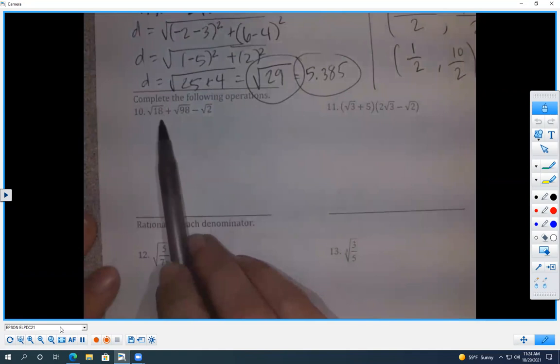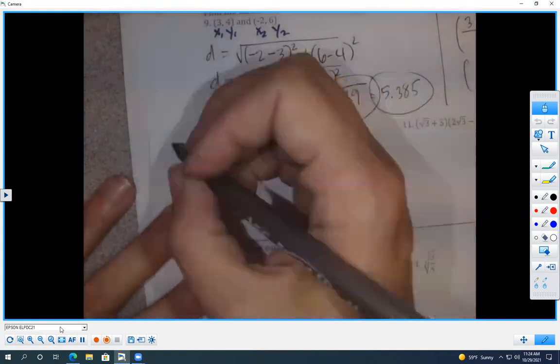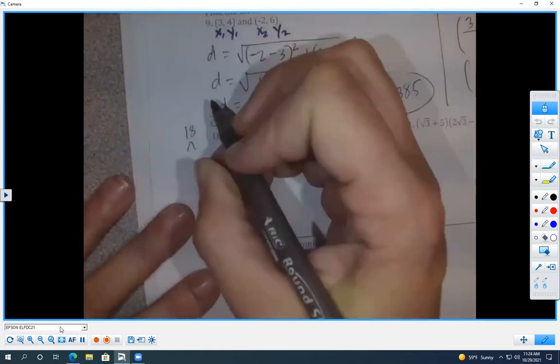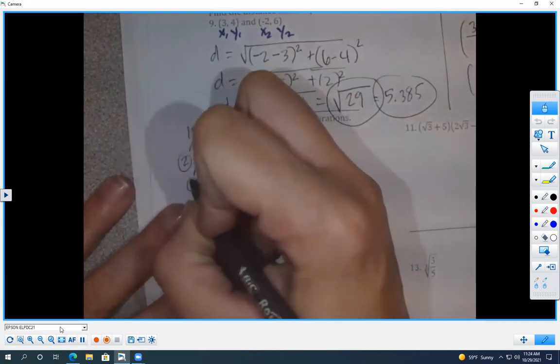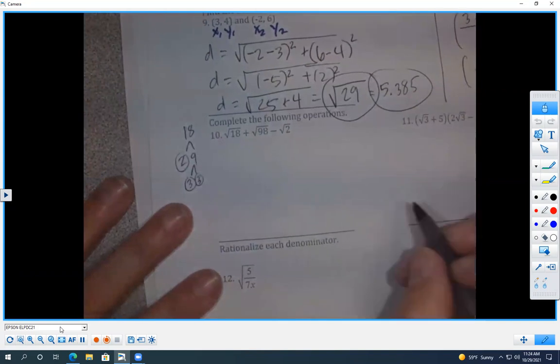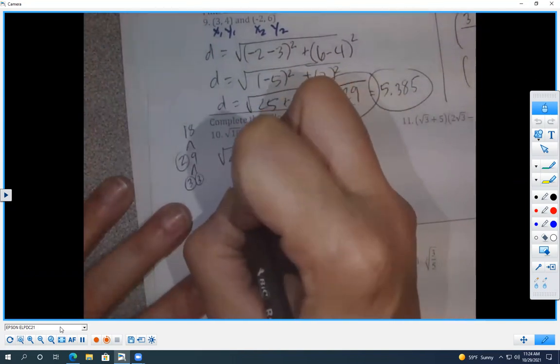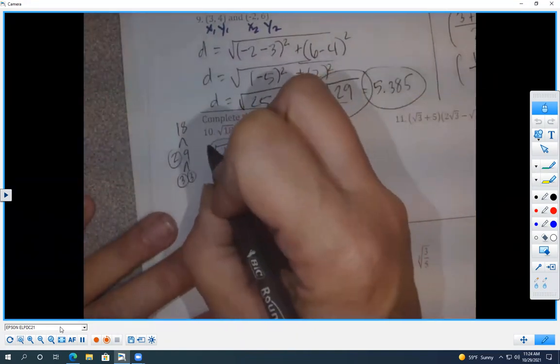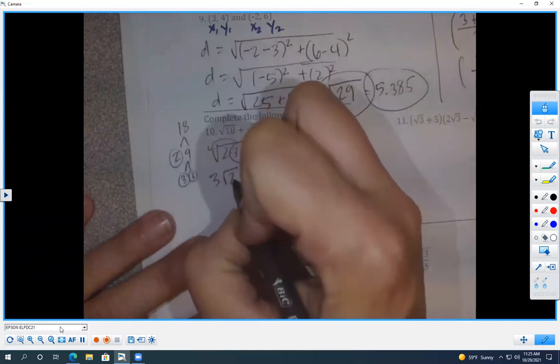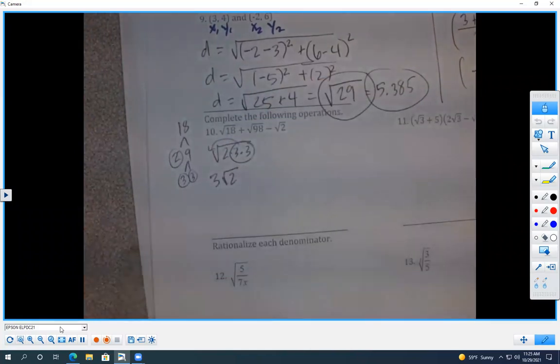So take 18 and break it down. 18 breaks down into 2 times 9. 9 is 3 times 3. So 18 is like 2 times 3 times 3. You can take the 3's out, so it becomes 3 times the square root of 2.